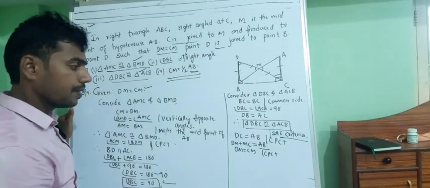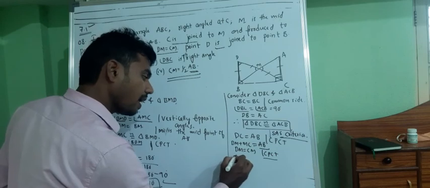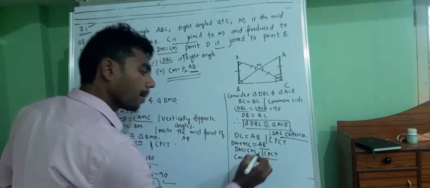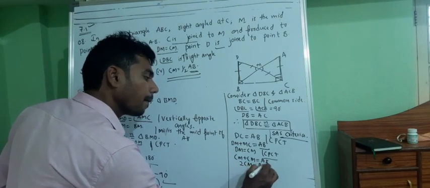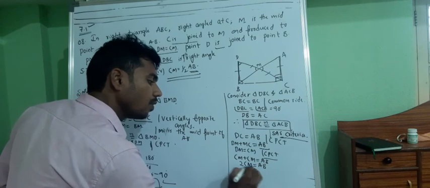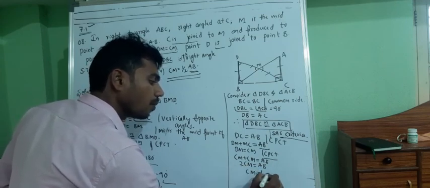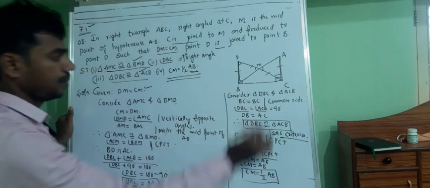Yes or no? The same thing we are using. So, in place of DM, what can I write? CM plus CM is equal to AB, or 2CM is equal to AB. Or CM is equal to, if I transfer it to the right hand side, it will come to the denominator, 1 by 2 AB. Same thing I have proved. Please note this down.